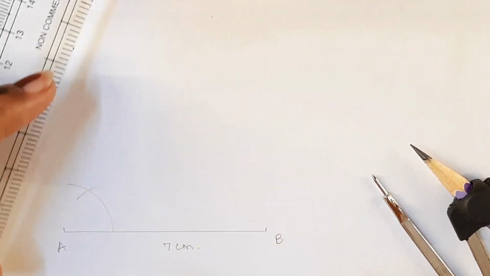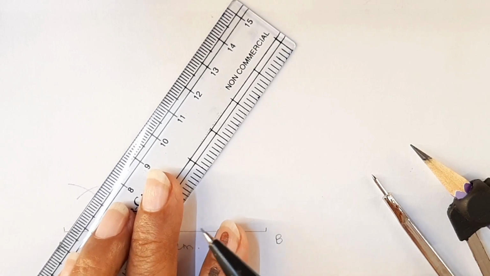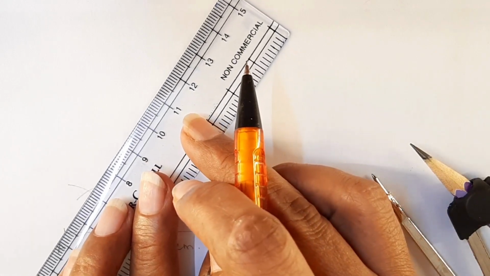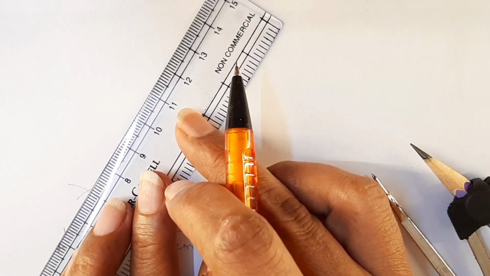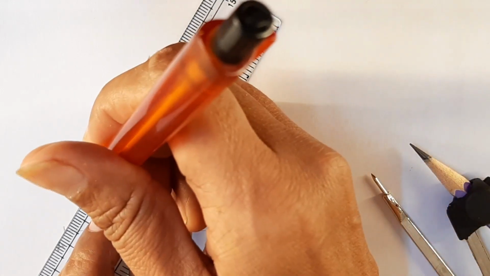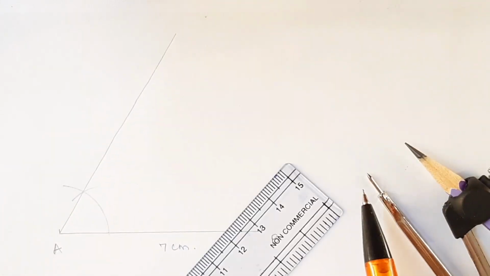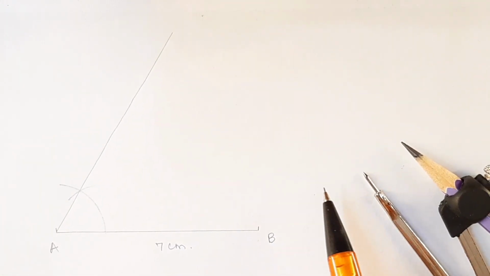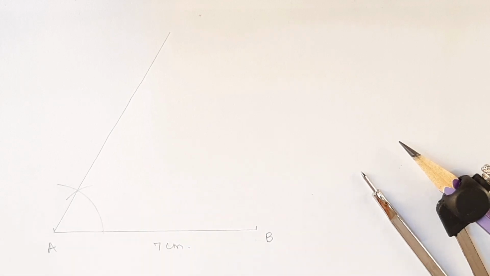Make sure that the arcs are kept short and the joining of points has to be exact. Now your angle CAB is already constructed.